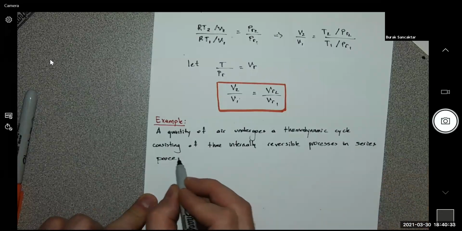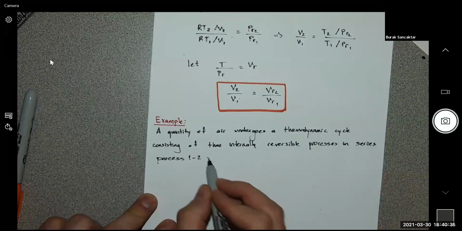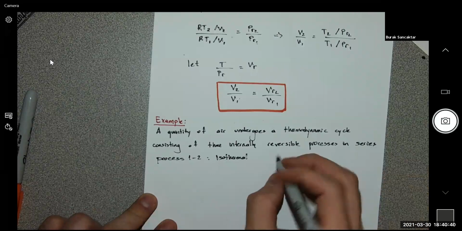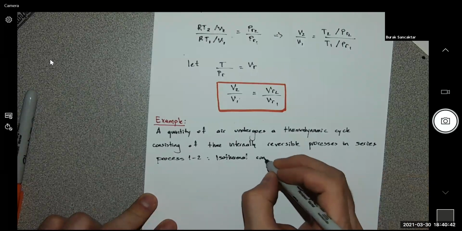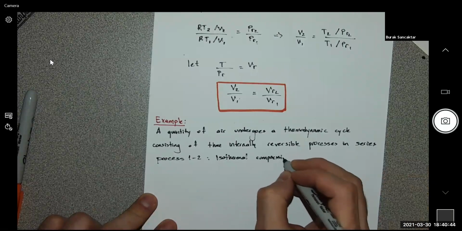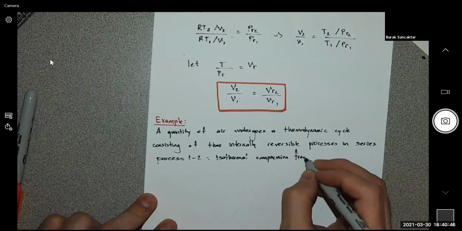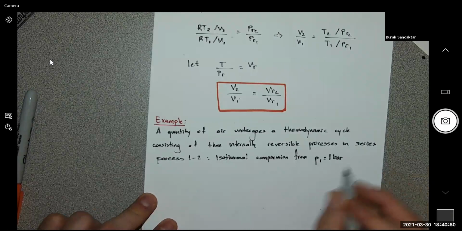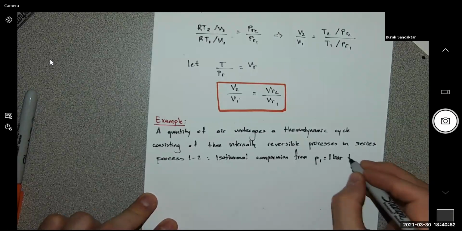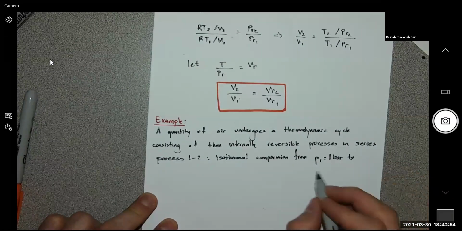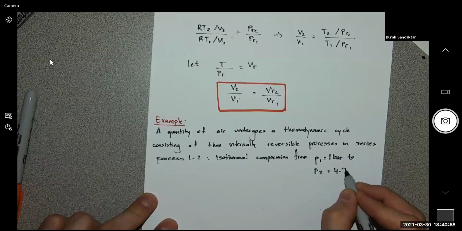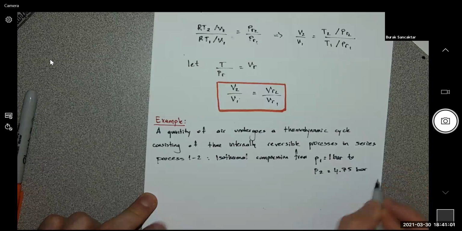Process 1 to 2 is an isothermal compression from pressure 1, 1 bar, to pressure 2, which was 4.751 bar. Okay.